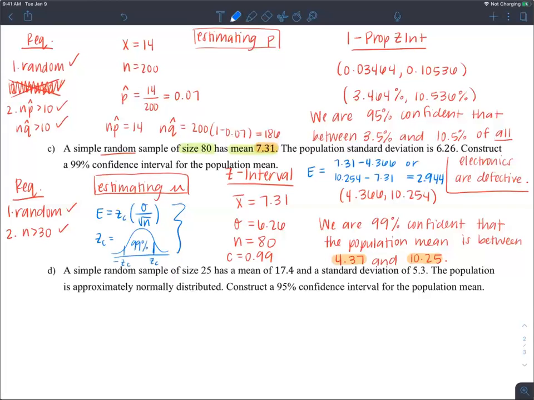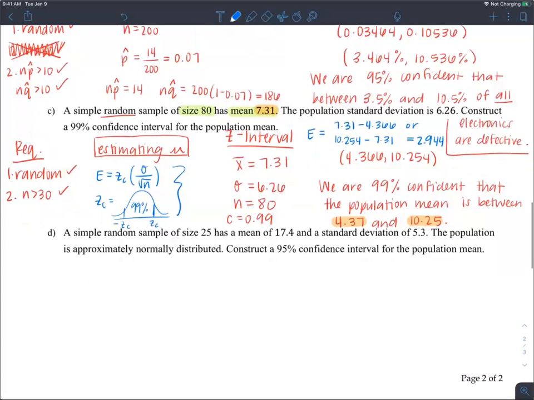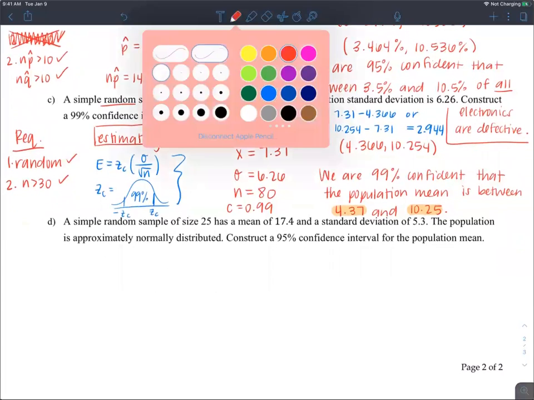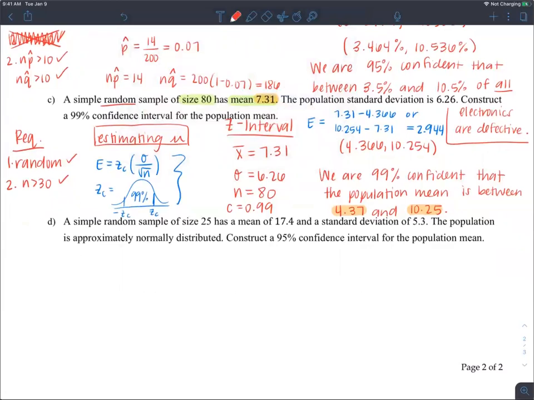But yeah, any questions about this example before we do this last one here? Okay, so again, this one doesn't give us any information about the variable.